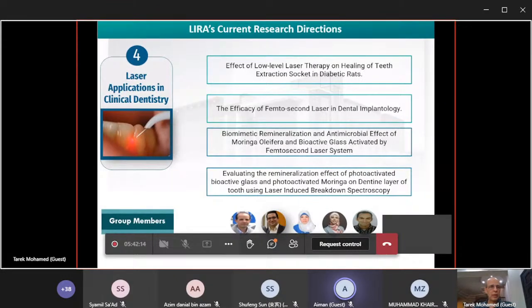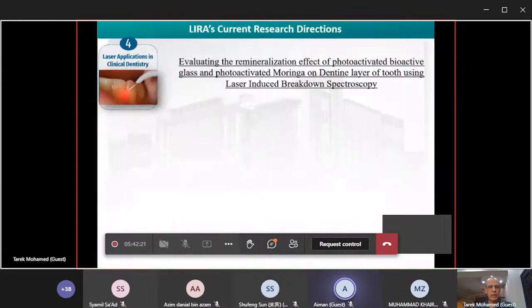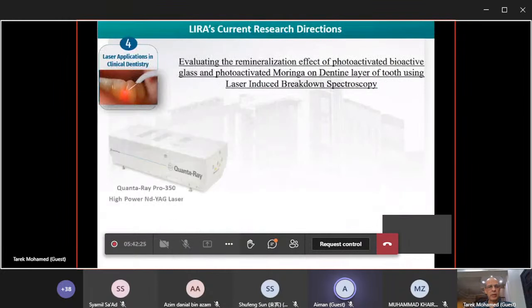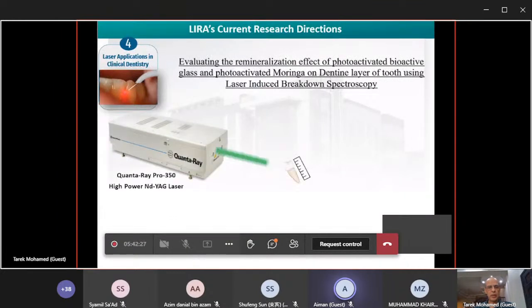Also, we have something in dental medicine. We use a laser also to map the dental layer.